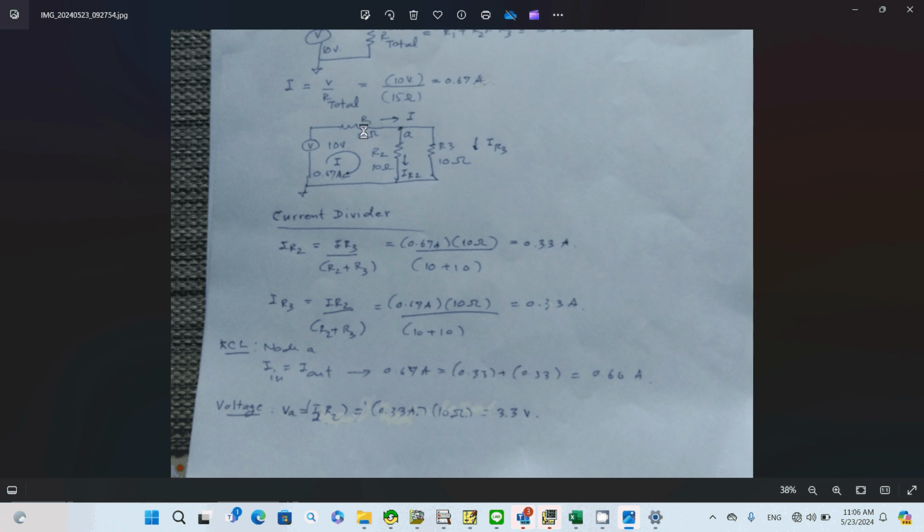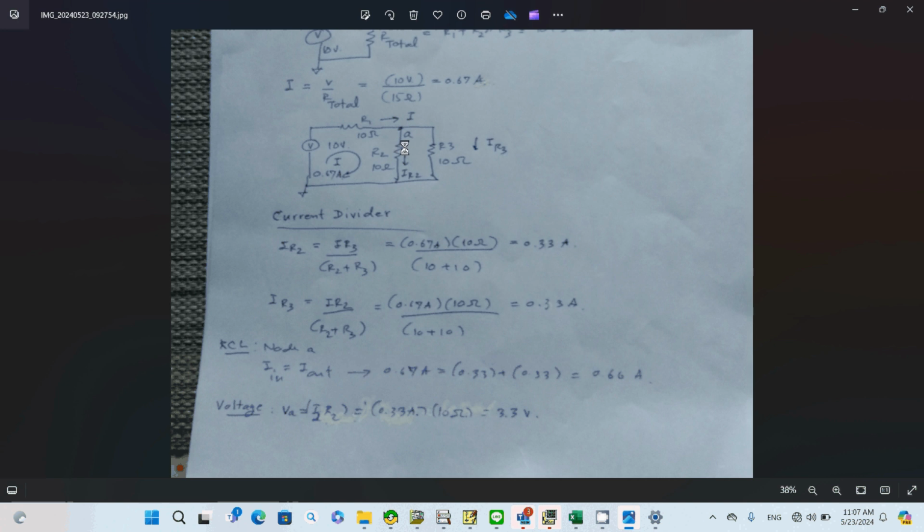Start with the incoming current I, and then you multiply by R3. That's the opposite of R2. You don't pick R2, but you multiply by R3 and divide by R2 plus R3. Similar to the voltage divider that you will see later on. And that gives you 0.33 amps, as we calculated.